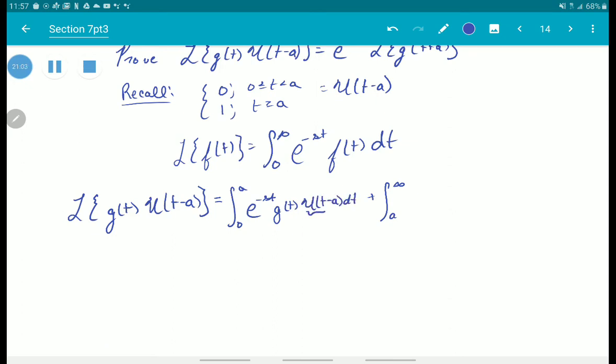But in this case, that unit step is going to take a value of 0 because we're between 0 and a. And then here, this guy's going to take a value of 1 because we're from a to infinity, so we are beyond that a value. So 0, when we integrate and find that definite integral, that's just going to be 0. So we're left with this guy.